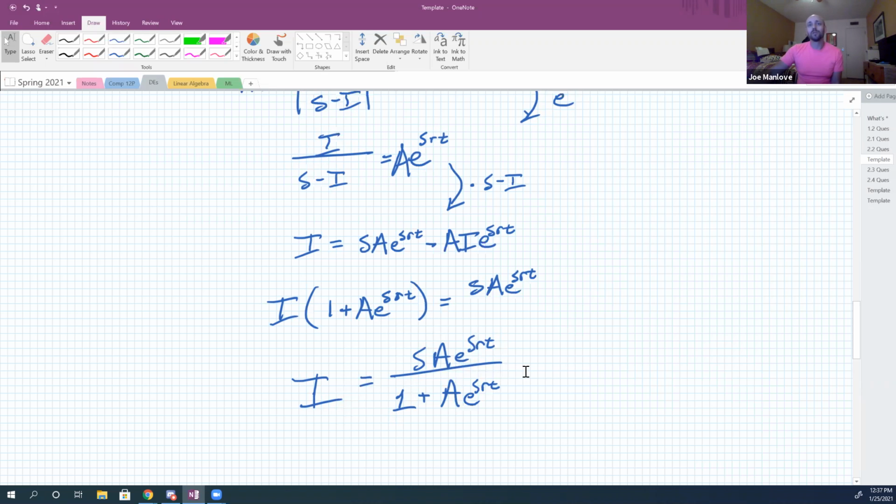Okay, now the other question is what happens as t tends to infinity here? So as t tends to infinity, what do you get?